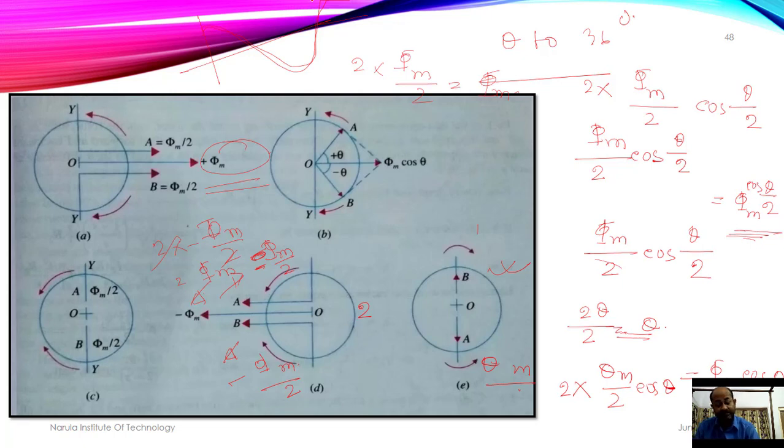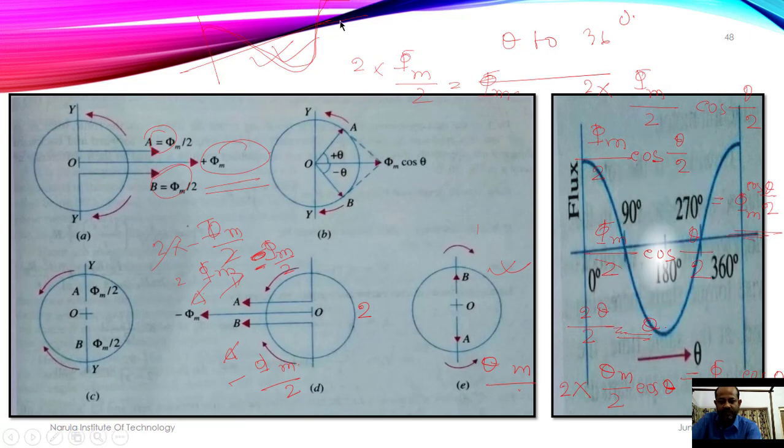And that's why we can say that an alternating flux can be resolved into two revolving fluxes, each of half the value, rotating at synchronous speed in opposite directions. Okay. So basically this is the graph of the pulsatingly developed field.